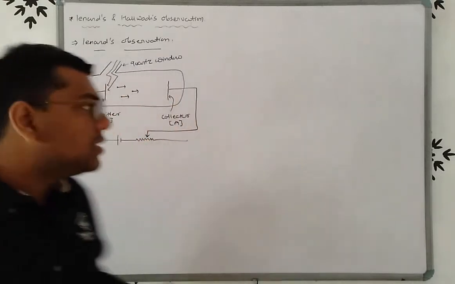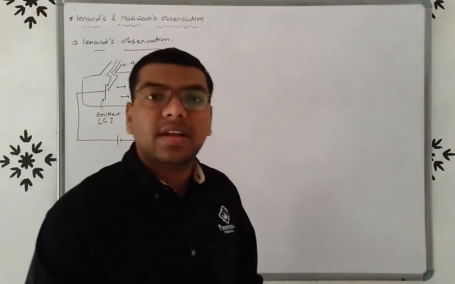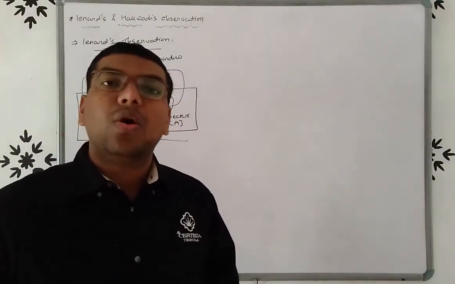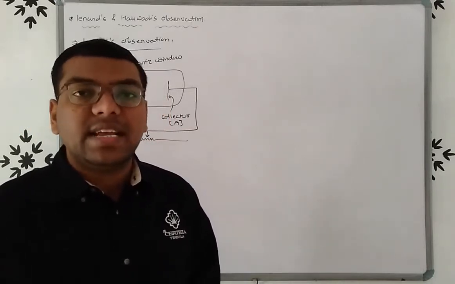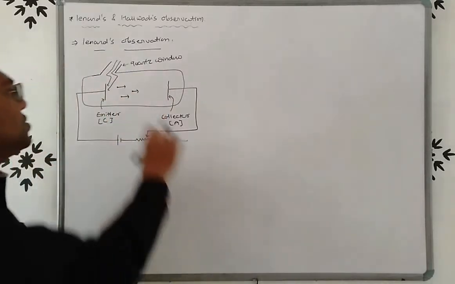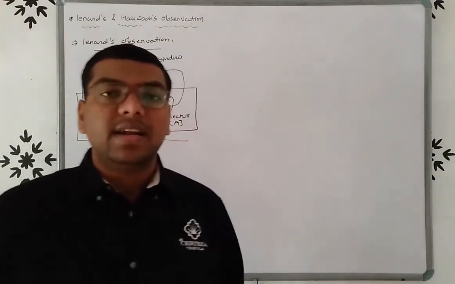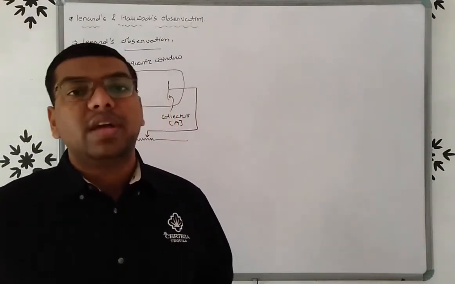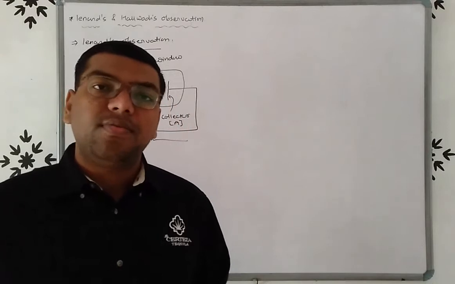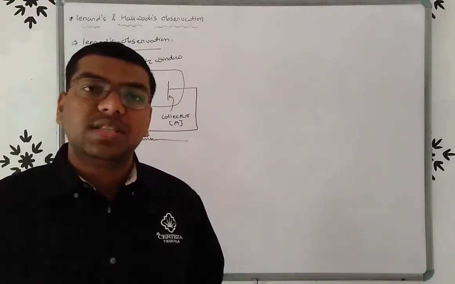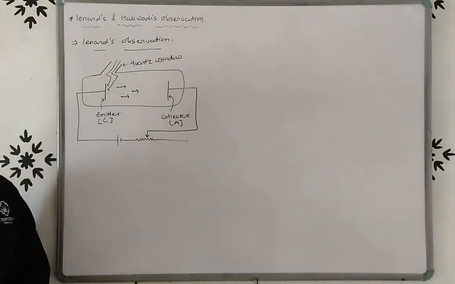So due to this, the photoelectrons start traveling towards the collector. And we know that the flow of charge, or you can say the negative charge, is known as current. So here there is a flow of current. So from this, Lenard observed that if there is no radiation, then there is no flow of current. If the intensity changes, then the current also changes. So this is about Lenard's observation.